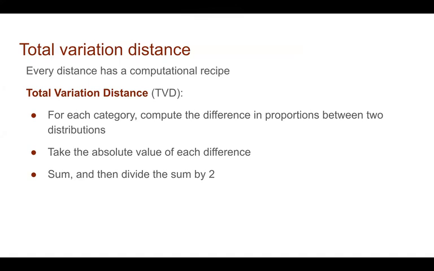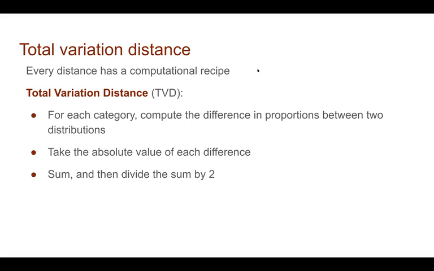We look at every category by itself and accumulate those results. We take the distance for each individual category we're comparing to, accumulate the differences, and then divide by 2, because the total amount that is greater is the same as the total amount that is less.